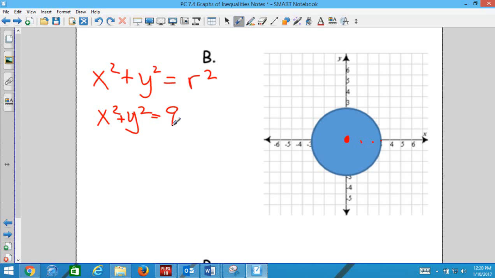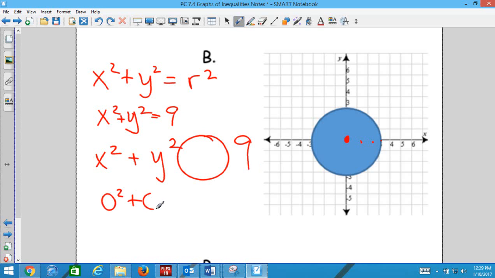But it's not equal to. I've got to figure out what sign it is. What is a point that is inside the shading that we could plug in here? 0. Okay, that is inside the shading, so we need to plug in 0 and pick the sign that makes it true. 0 is what to 9?